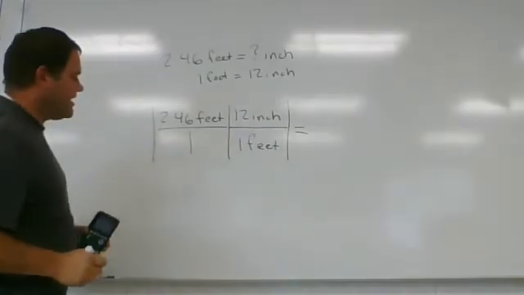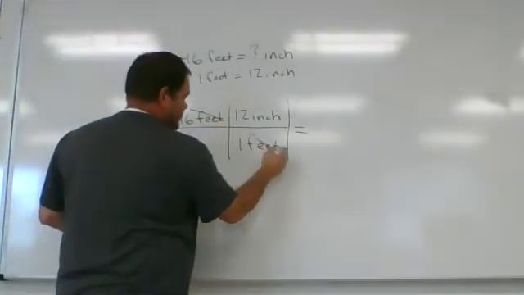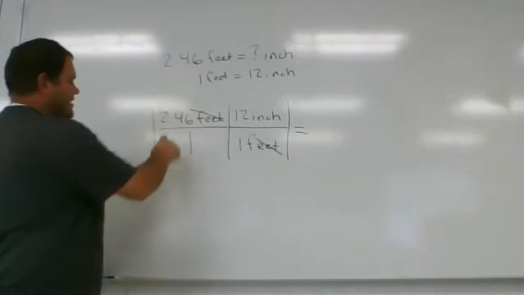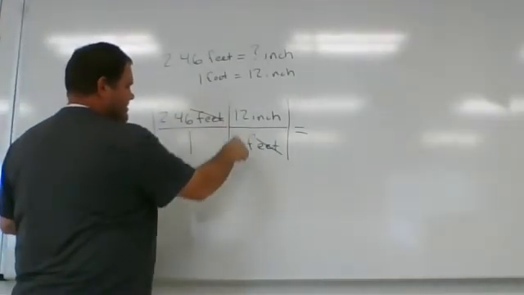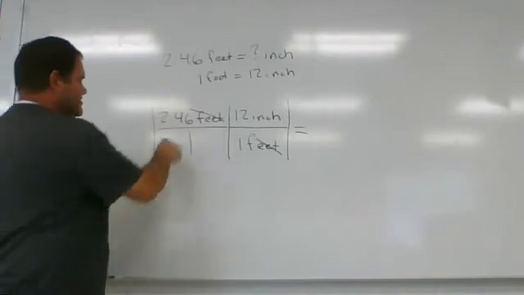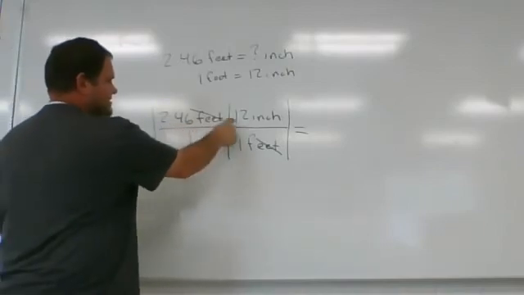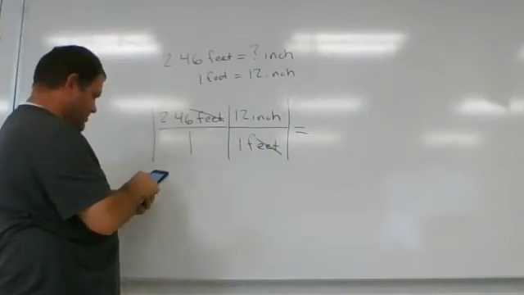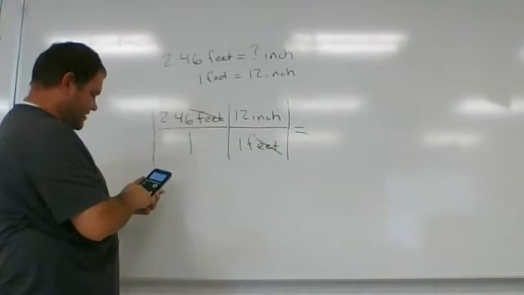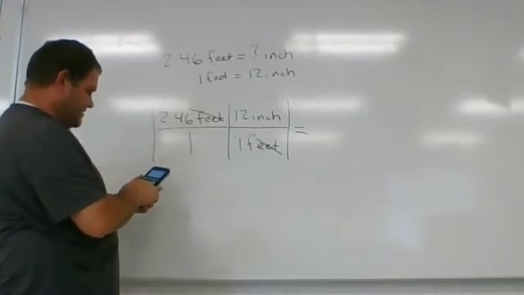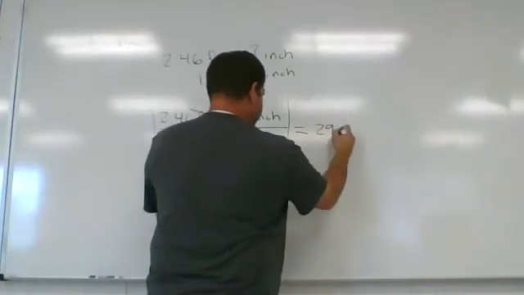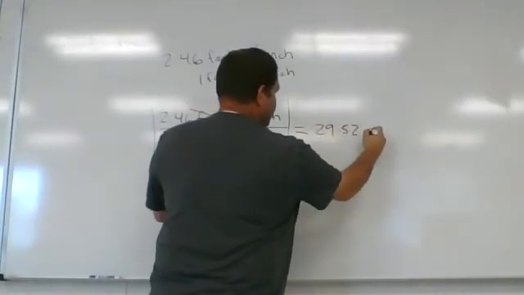And then I can go ahead and eliminate the units that I can get rid of. And then I'll do my math. Again, I multiply the top values and divide by the bottom value. So I'm going to take 2.46 times 12, and then again divide by 1, and I get an answer of 29.52 inches.